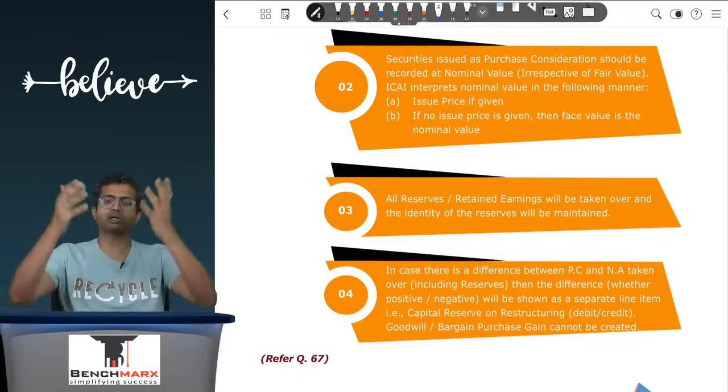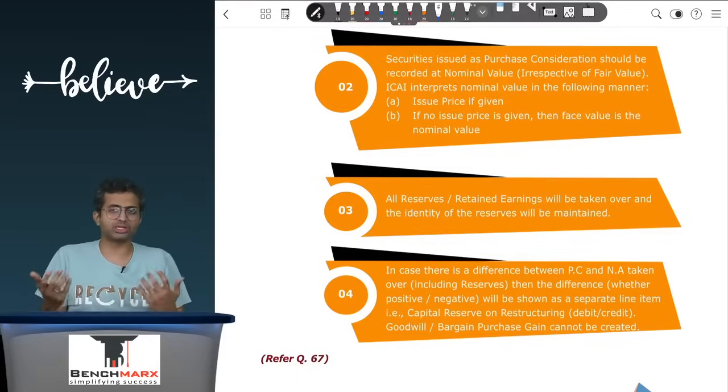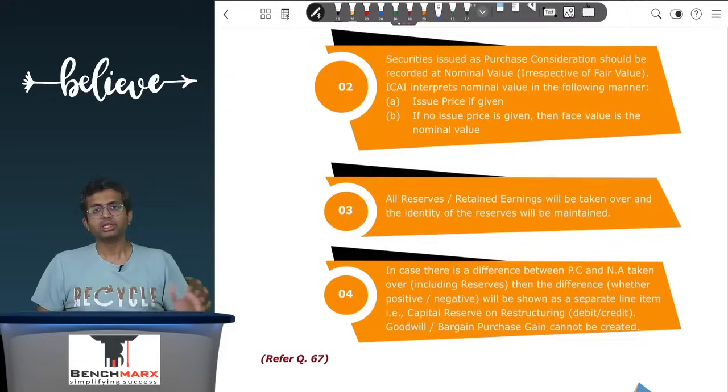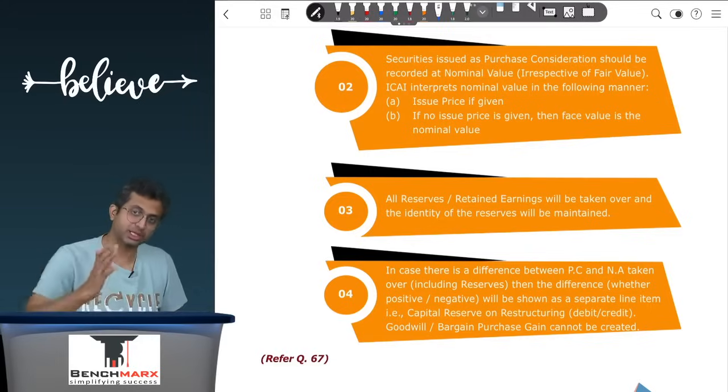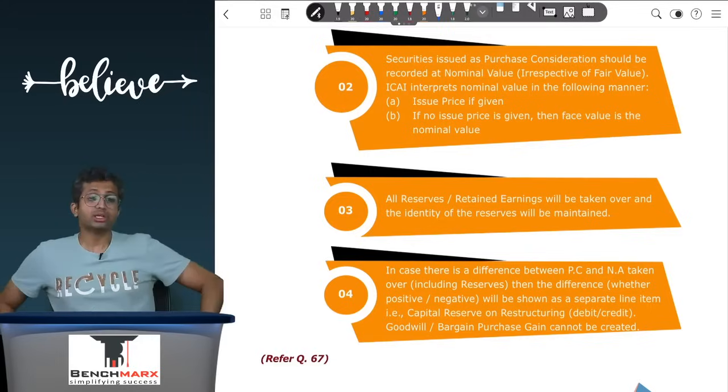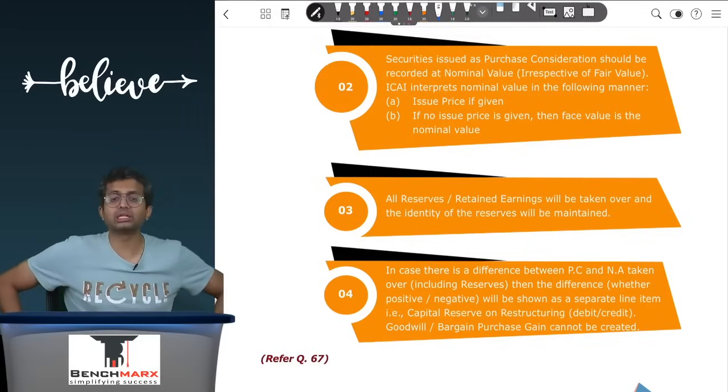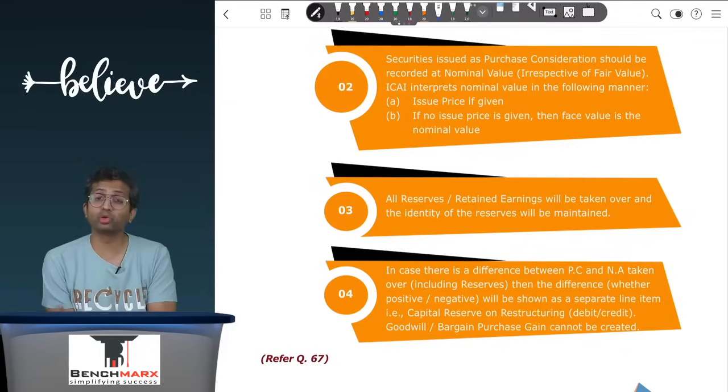If they fold up and come into my company and the reserves cannot be taken over as P&L, maybe they appear as capital reserve, then it will defy the purpose of restructuring, and hence in extremely rare cases, reserves are allowed to be taken over, like in the common control combination or pooling of interest method.